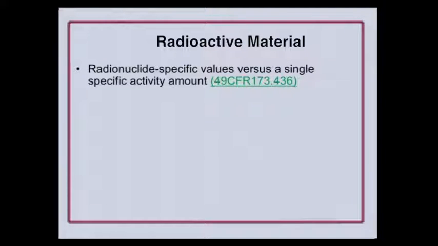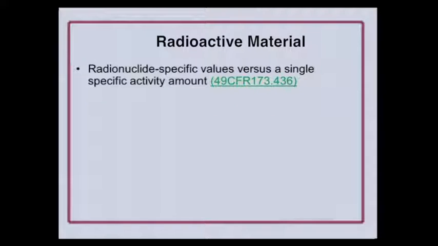It's a millibecquerel, I think, per gram limit. If it were more specific activity, 70 millibecquerel per gram, it was radioactive material. They did away with that. It's not just one number now. It's radionuclide specific. And so it's critically important that you know what you've got in your shipment, what radionuclides are present.